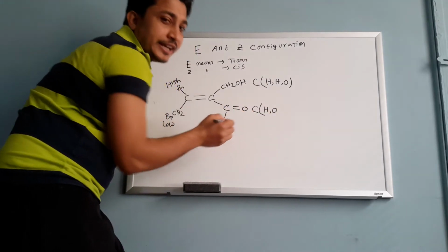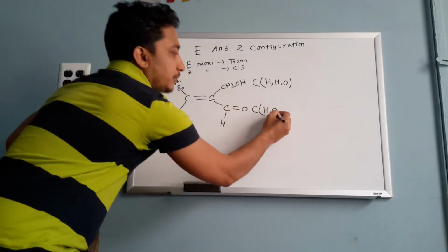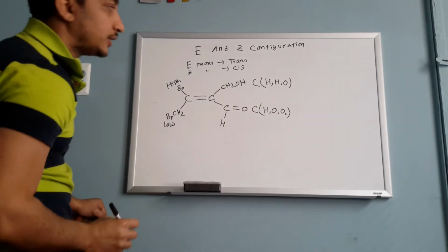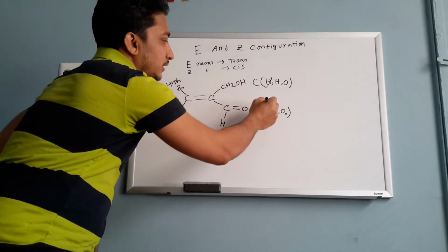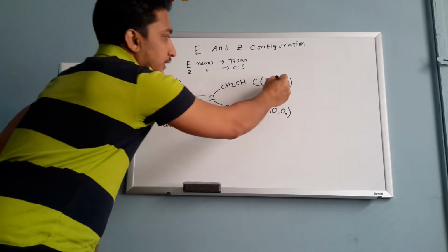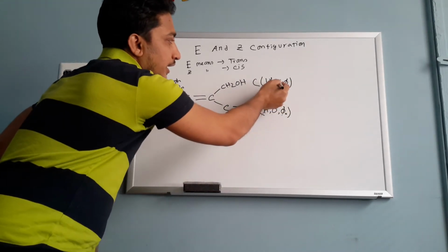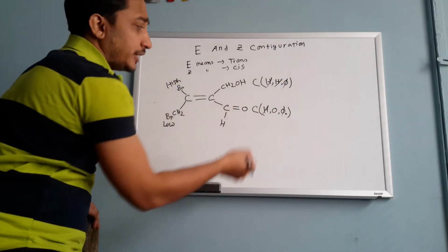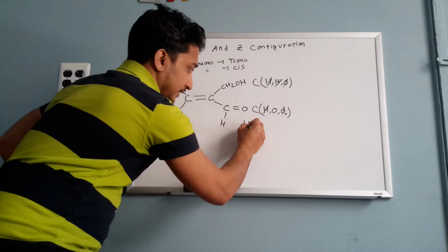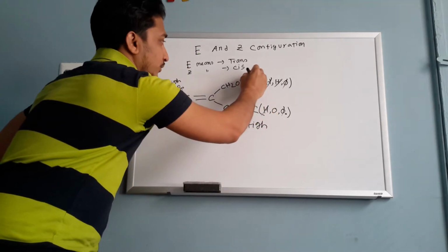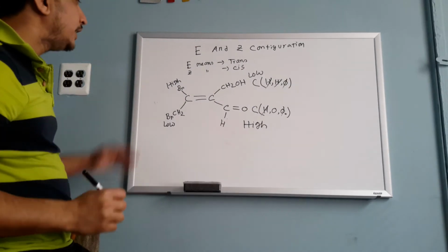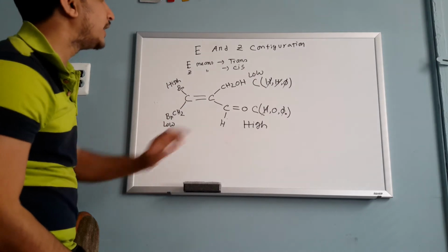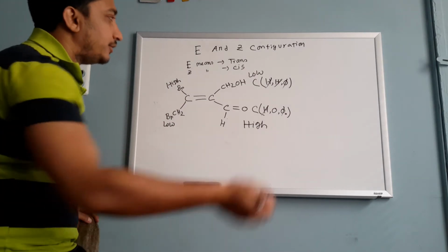But when you see a double bond, you write oxygen twice, like two oxygens. So cancel this one and this one. And look at this one: hydrogen has a lower atomic number than oxygen, so this is going to be high and this one would be low. Then if you compare top then bottom, high, low, low, high. What configuration is this? E configuration.